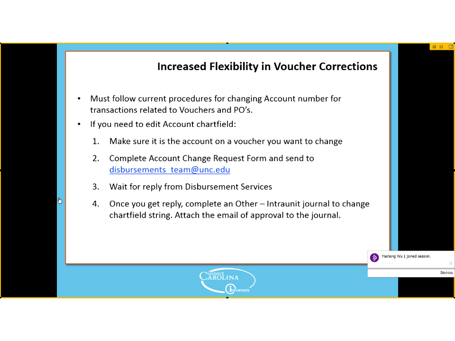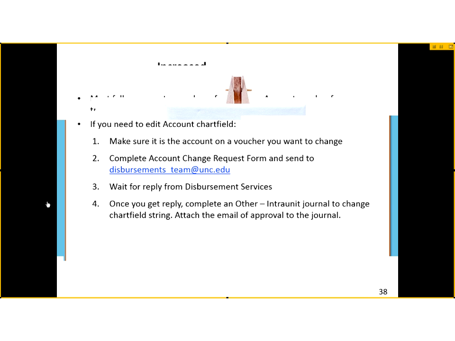And once you get that reply, you would then complete an other intra-unit journal to change the chart flow stream rather than a correcting JE. And your attachment for that particular journal entry would be the email approval from Disbursement Services. So you want to save that and include that as your attachment. And that process is the same as it is now.